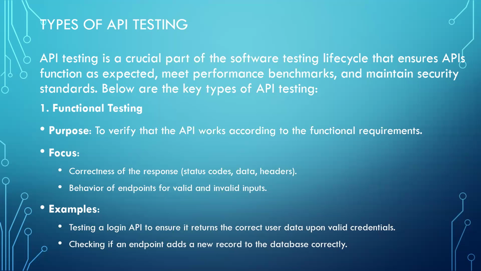I have a question. What of the case whereby you are getting a status code of 200, but the message is internal server error? What do you do? I'm not sure how the message that is returning is giving you 500. Then you go back to your developer. I don't know what he has done.